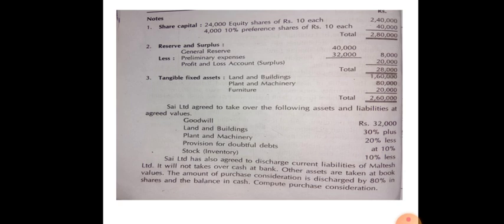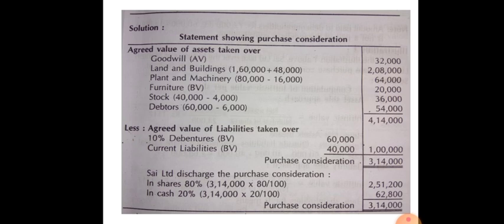So this 3,14,000 is the purchase consideration, and Sai Limited discharges it by shares at 80%. 80% of 3,14,000 is 2,51,200, and whatever remains is the cash. Cash is 20%, which is 62,800. Total is 3,14,000. Like this you have to calculate the purchase consideration under the net asset method.